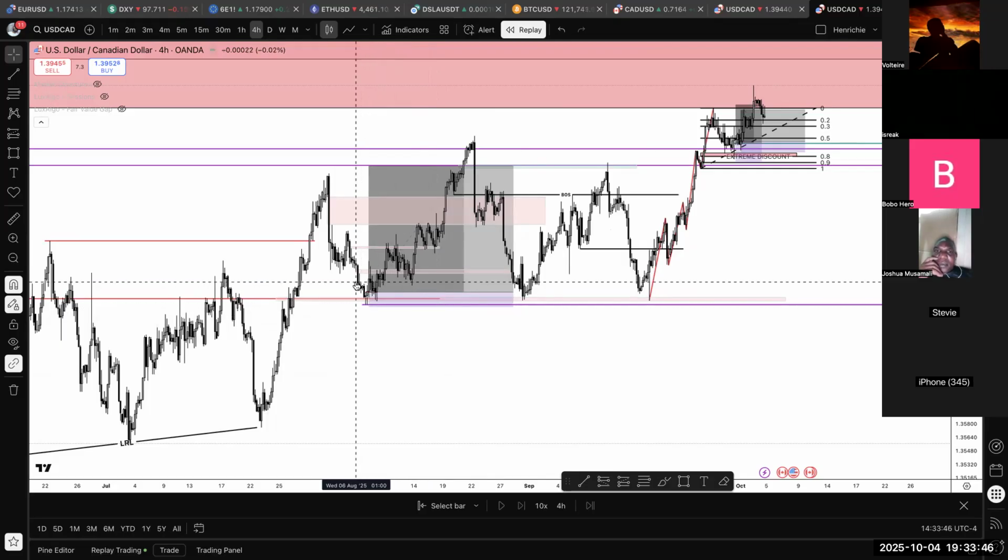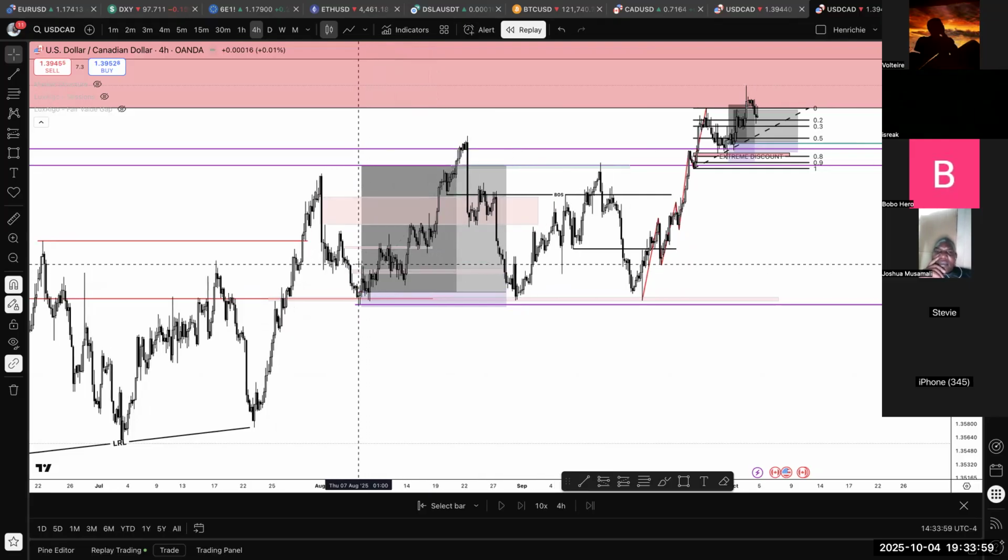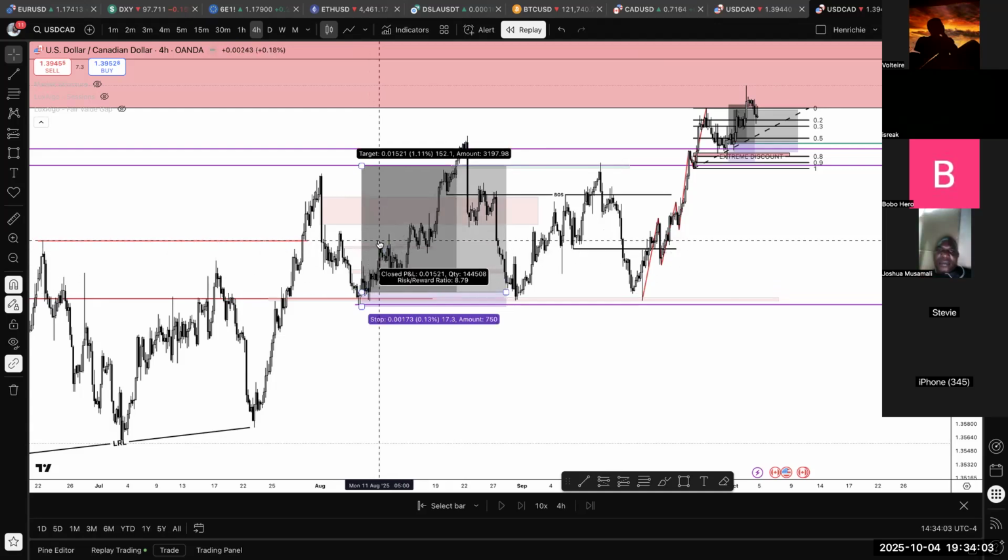So notice that every single inefficiency that failed for sells ended up being used as support for buys. This one failed. It had a slight retracement. We ran above it. Look what price did. It came back and used that support.